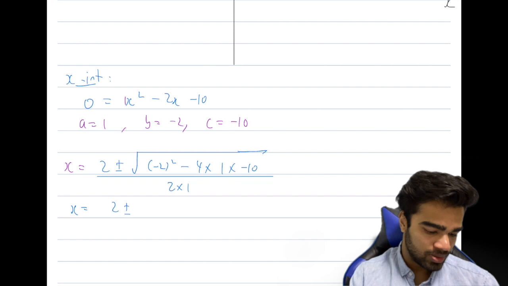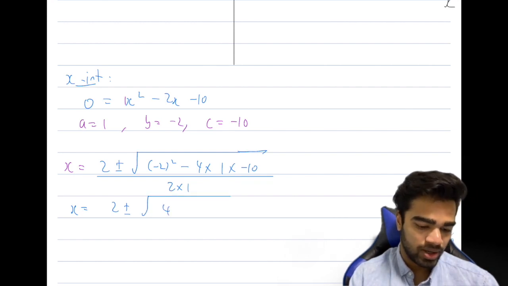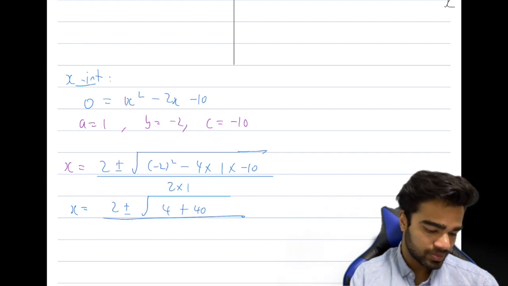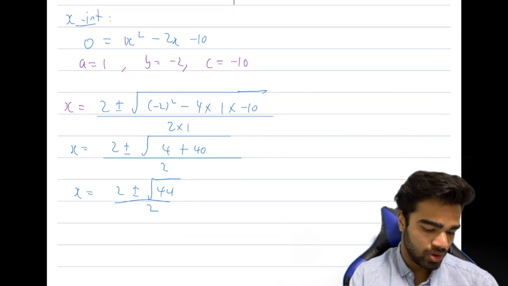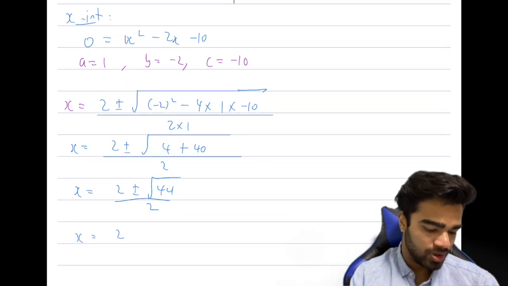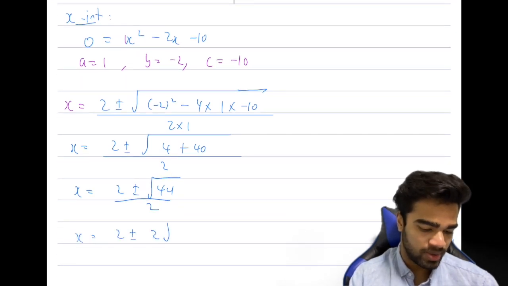So x equals 2 plus or minus the square root of 4, and negative 4 times negative 10 is 40, so plus 40, over 2. So x equals 2 plus or minus the square root of 44 over 2. The square root of 44 simplifies to 2 root 11, so 2 plus or minus 2 root 11 over 2.